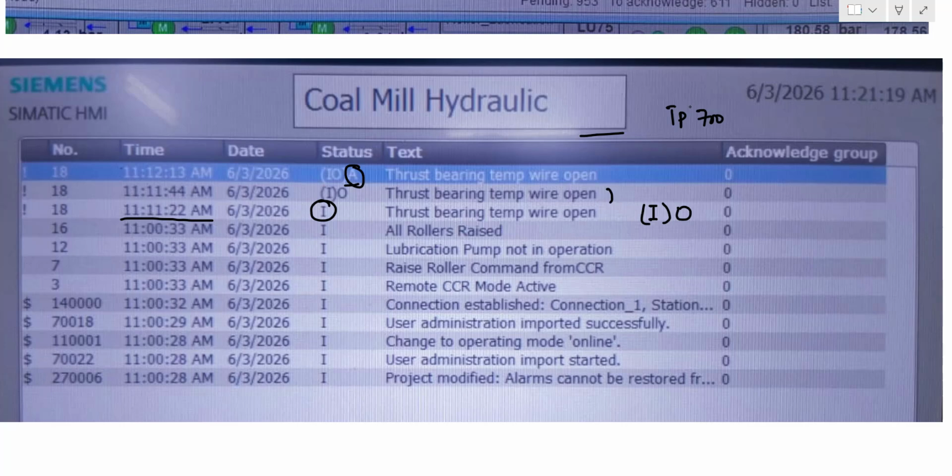Once you get the idea of how to interpret alarms in Siemens DCS and SIMATIC HMI, you can generalize and extend that concept to any other DCS and any other HMI series. So that was a brief video about the interpretation of alarms in PLCs and HMI.